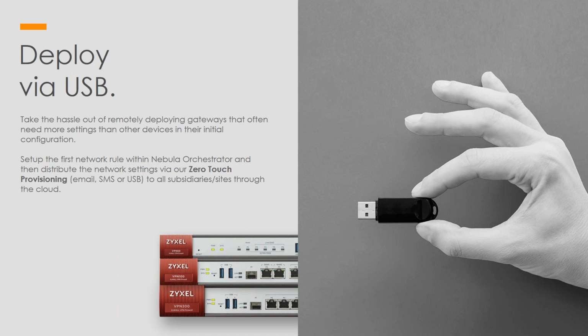Then this data, when it's stored on the USB, can be put in, and then the first time you boot up, it will check the minimum configuration that's needed for the connection, and then when it's connected to our platform, automatically the platform takes over the provisioning and does all the settings.